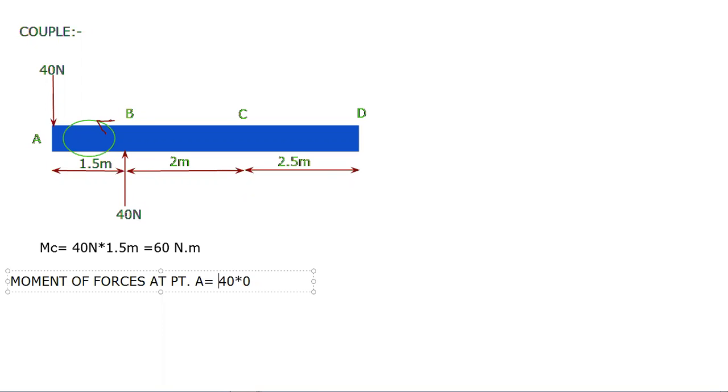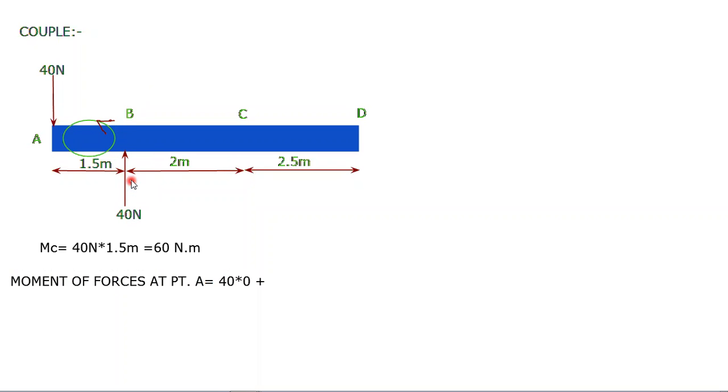And the next force acting here on this shaft is the second 40 Newton force, which is acting in upward direction. The first force is in downward direction, the second force is in upward direction.